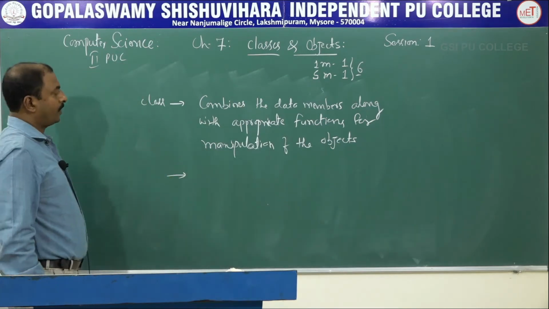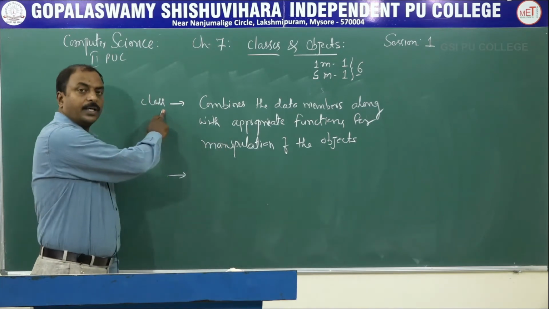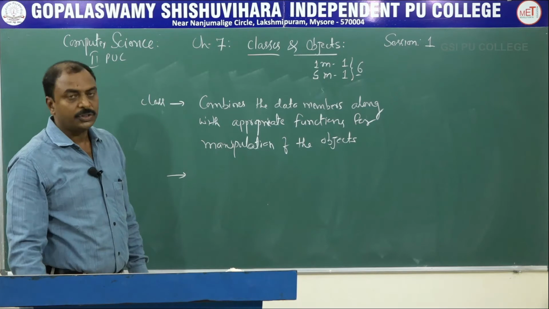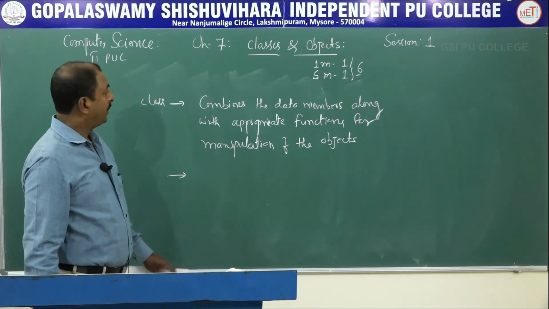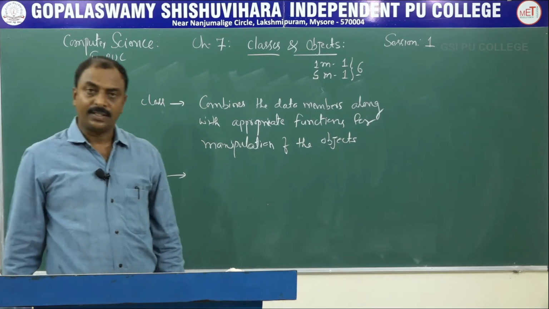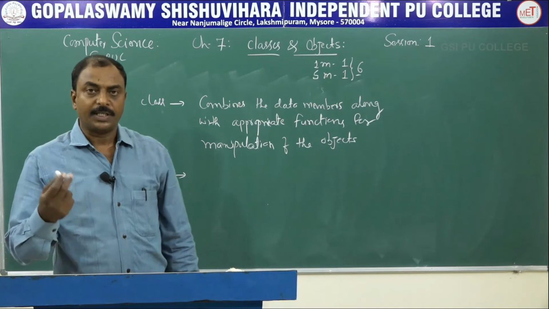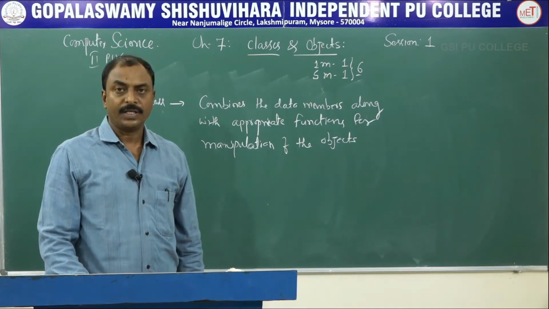And here, just recall what you learned last year, data types of C++. There are three types of data types in C++: fundamental data types, derived data types, and user defined data types.